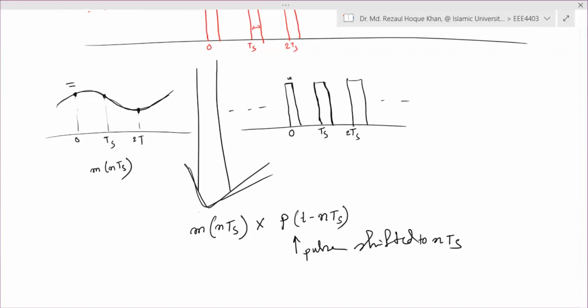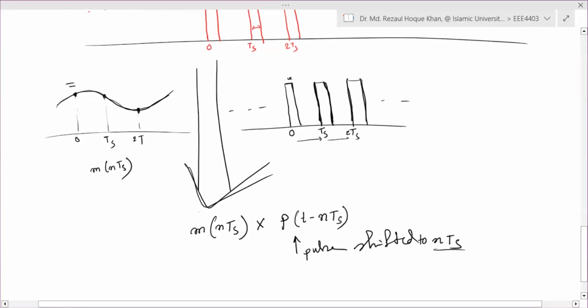Each time, the sample goes from 0 to Ts, so the pulse is shifted from 0 to Ts, Ts to twice Ts. That's what nTs means. If n is 0, then it's p of t at 0, then p of t minus Ts, then p of t minus twice Ts.